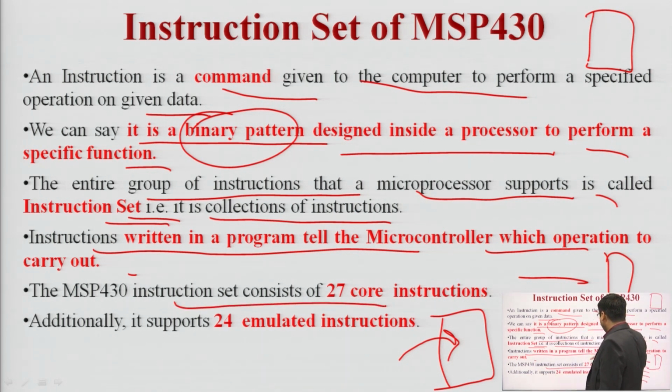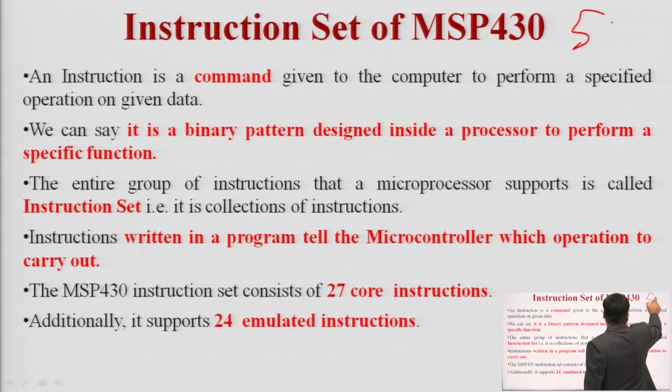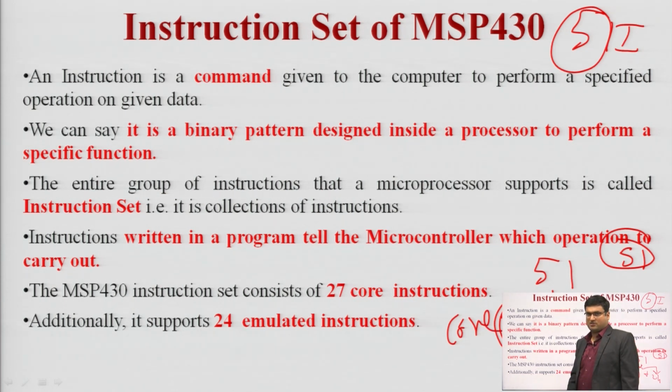Now, come to the types of instructions. In MSP 430 there are a total of 51 instructions available. These 51 are further categorized into 27 and 24, and 27 plus 24 is 51. 27 instructions are available as main instructions, the core instructions, through which the action is performed.